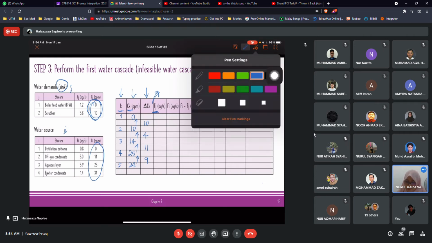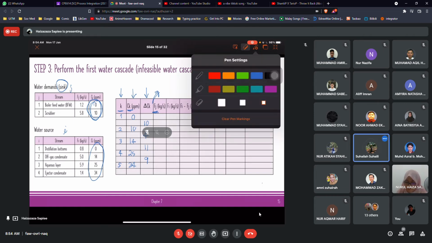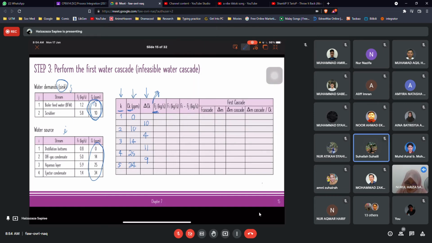Right. So at 0 it's 1.2. So what we look at is basically this value. Okay, what about 10? Exactly.